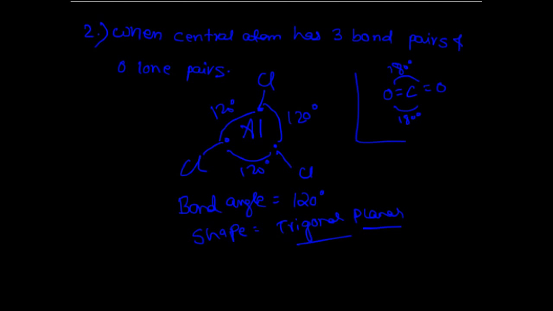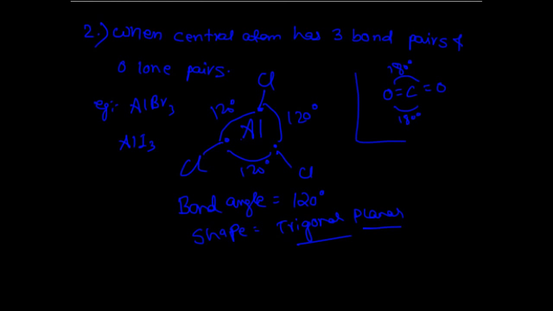Now let us move on to our third case. Before moving, I want to tell you a general trend in this case. Since AlCl3 is the example of this case, using the concept of AlCl3, we can write other examples such as AlBr3, AlI3, and so on.